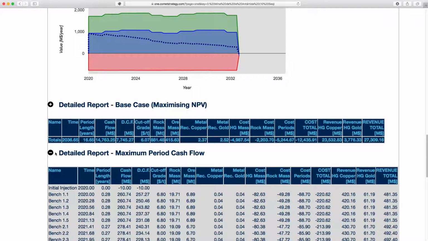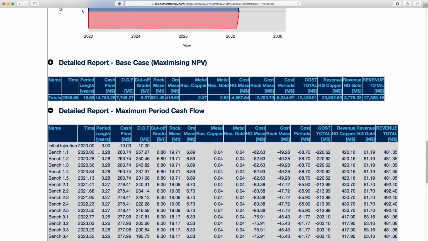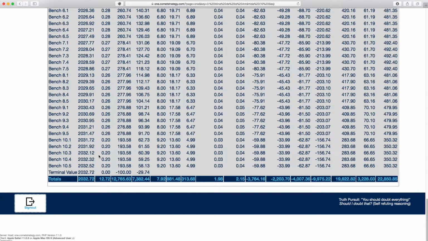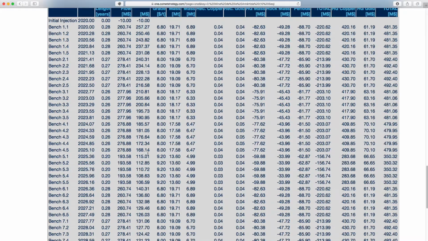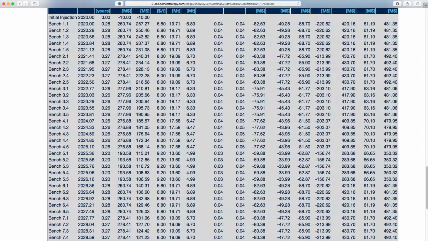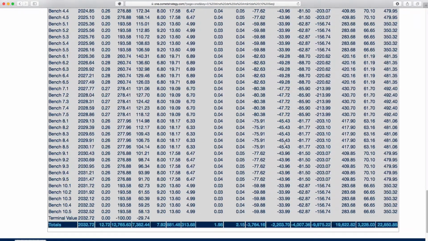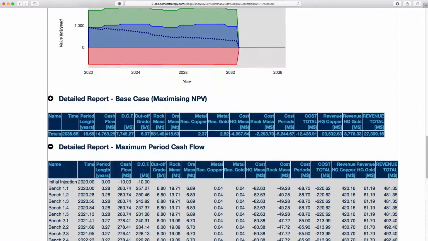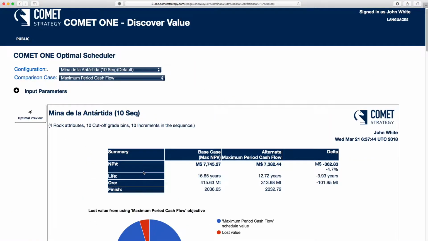So feel free to have a look down through the individual cash flows, the individual pieces of rock that are being scheduled, and see how much of that rock went to ore, what the cut-off grade was for those pieces of rock, how much went to waste, and you can check why we end up with a lower net present value. Only 5% lower, but look, 5% is a decent amount.